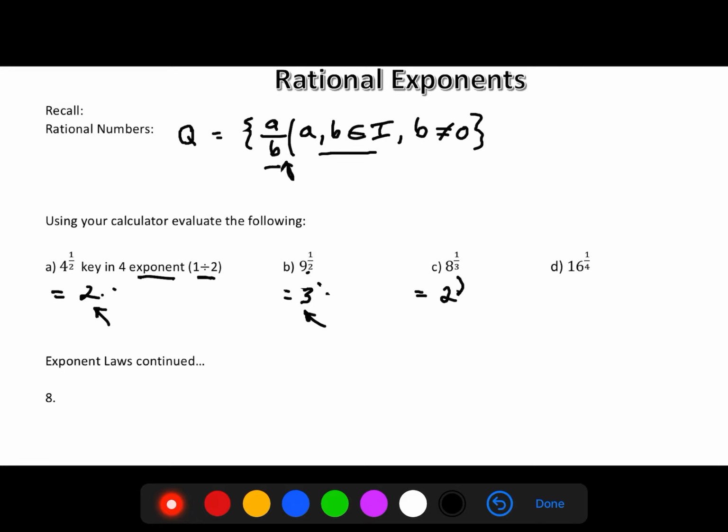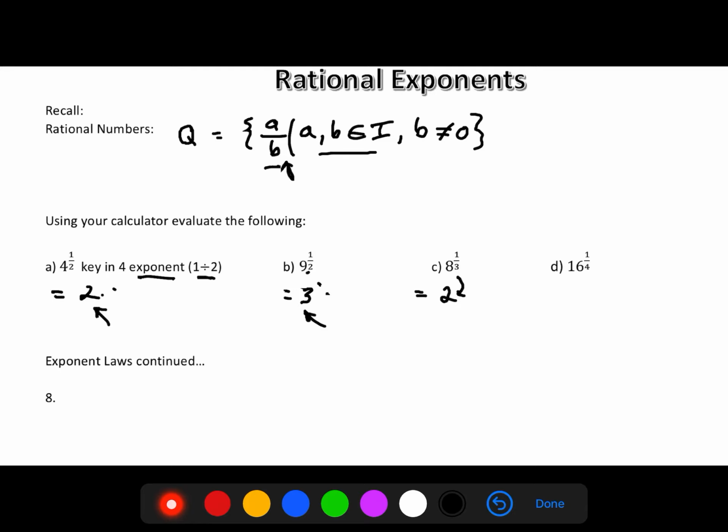Well, again, thinking about the same kind of ideas, 2 is the cubed root of 8. Well, that makes us wonder, does that bottom number come around to be our root?